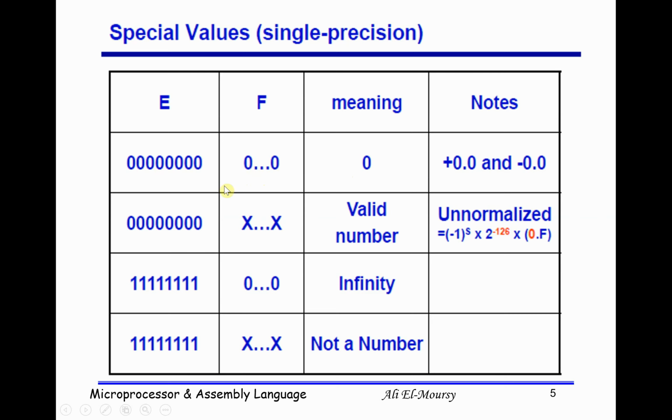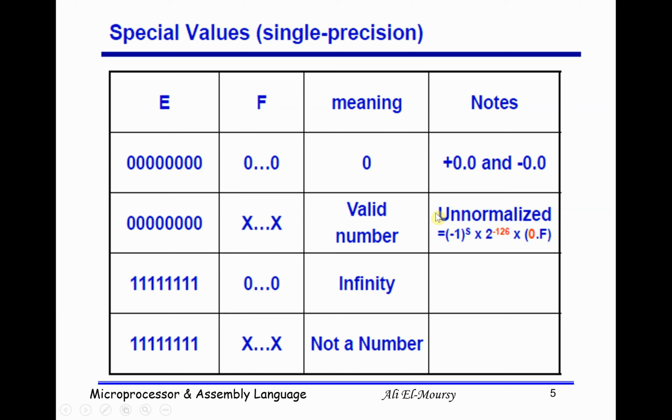The second range of reserved values is this second category. It's not only one combination, it's all combinations of the fraction, represented as x here, meaning don't care, any combination of fraction with all exponent bits equal to zeros. This range of values is said to be unnormalized numbers.